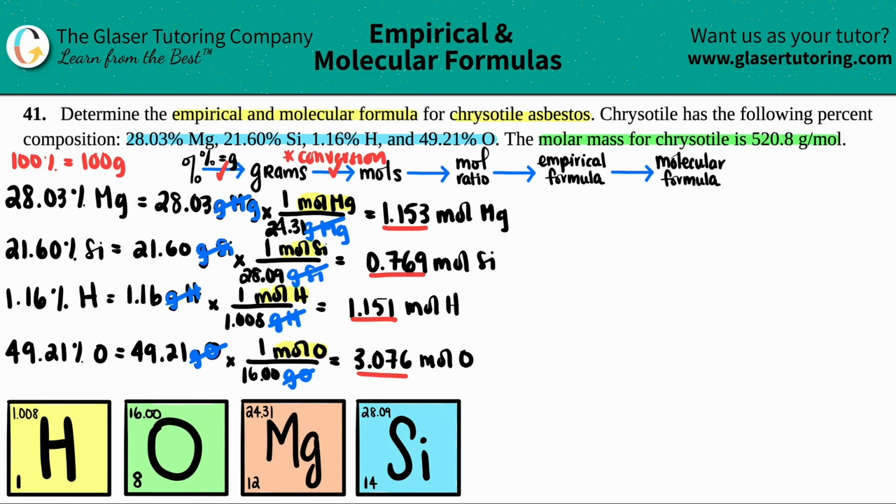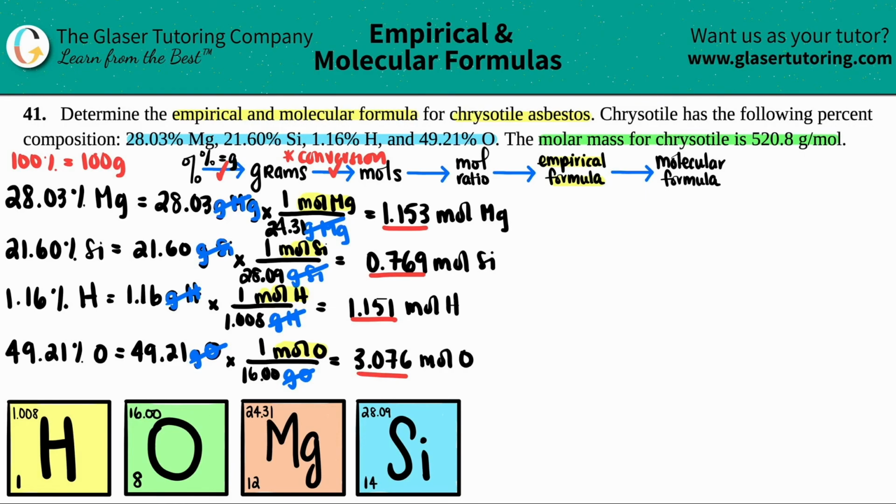Well, look ahead, right? We want to find the empirical formula first. The empirical formula is the simplest, the most simplified compound. It's the one that has the smallest subscripts. So go with that thought. Simplified, smallest.